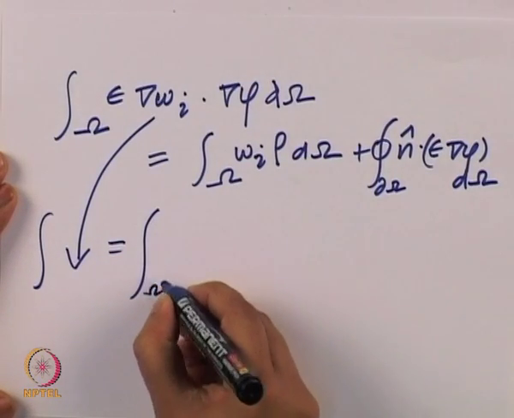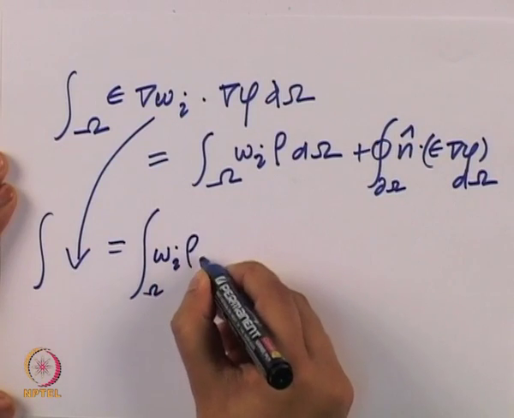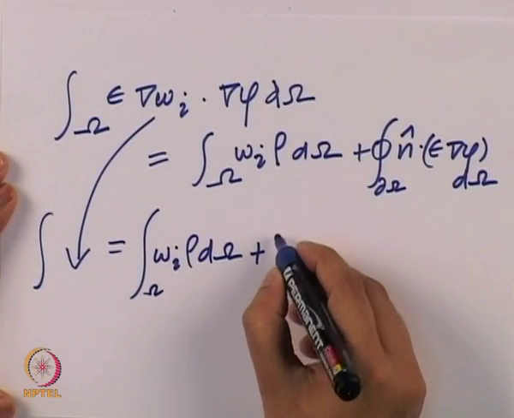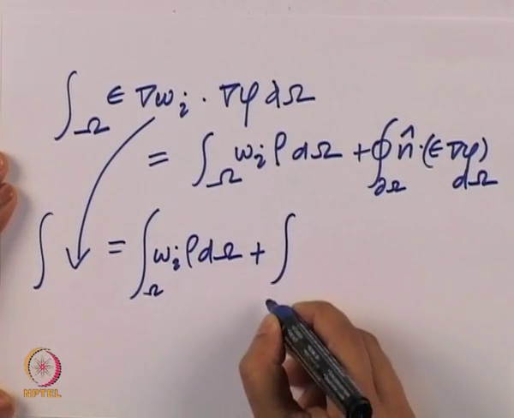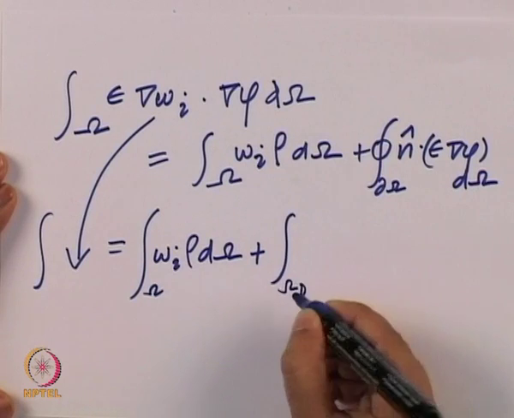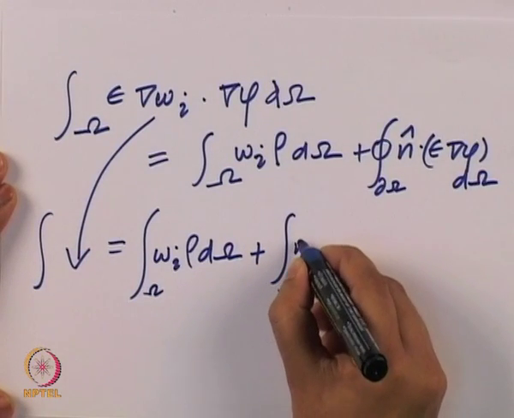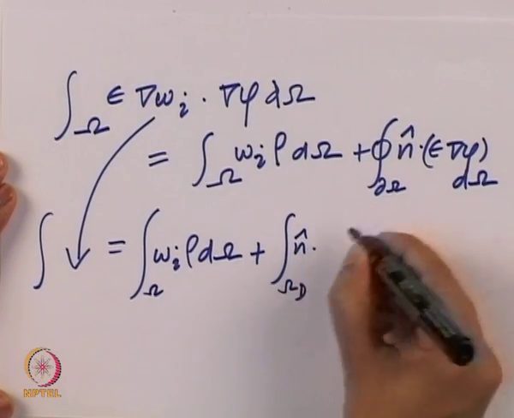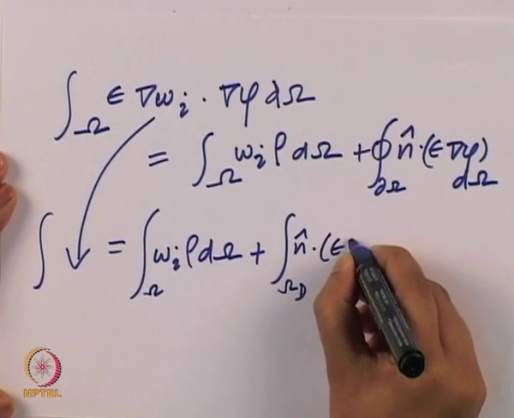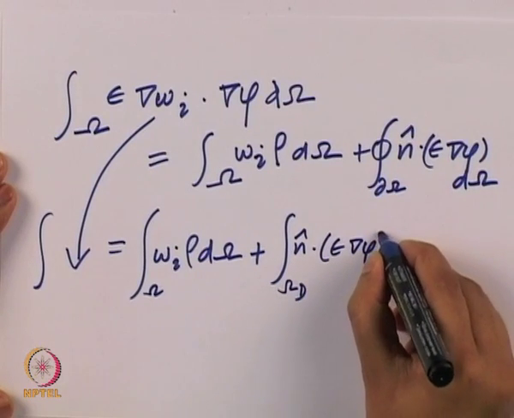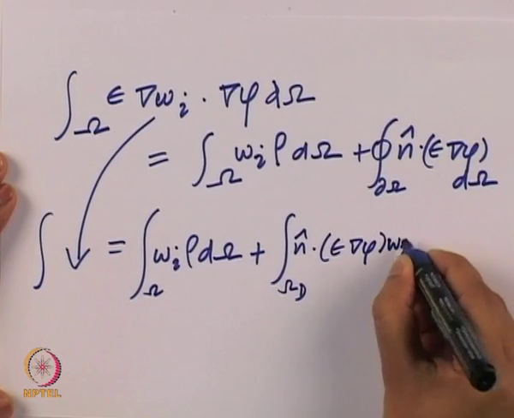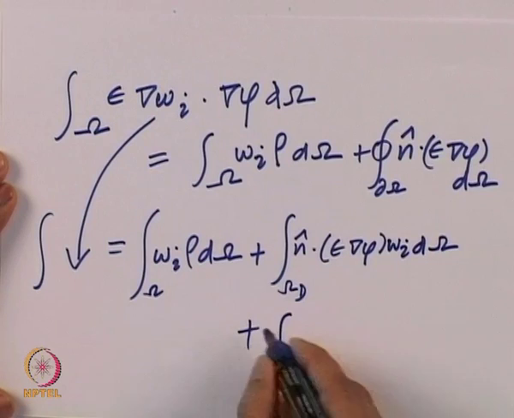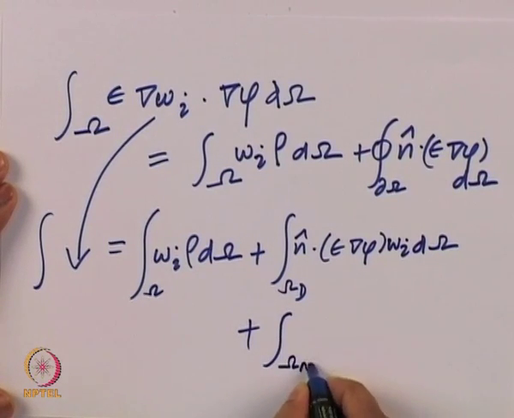So it will have plus one part of the boundary, let us say the Dirichlet boundary, which will be the n component, the same thing, multiplied by epsilon phi of wi 0, plus there is another boundary, that is the Neumann boundary.